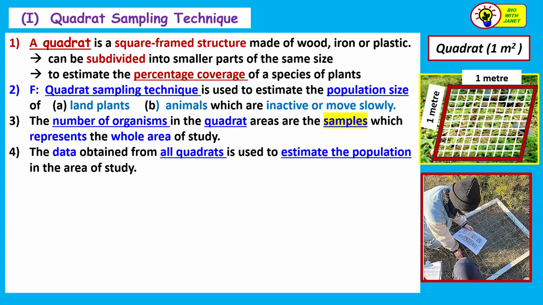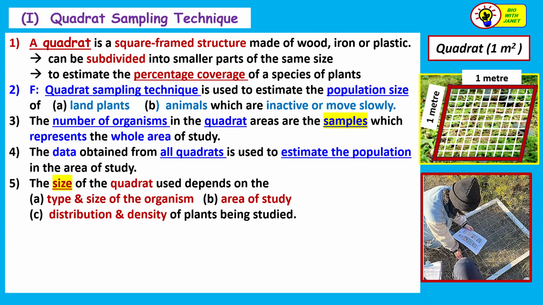The data obtained from all the quadrats is used to estimate the population size and other parameters in the area of study. So the size of the quadrat used depends on the type and size of the organism, the area of study, the distribution and density of plants being studied. For example, usually in the school field, we want to estimate the population size of a plant species like Mimosa pudica, then we'll use a quadrat that's 1 meter by 1 meter, because this size is suitable for small plants like Mimosa pudica, okay, to take samples of the plants like Mimosa pudica.